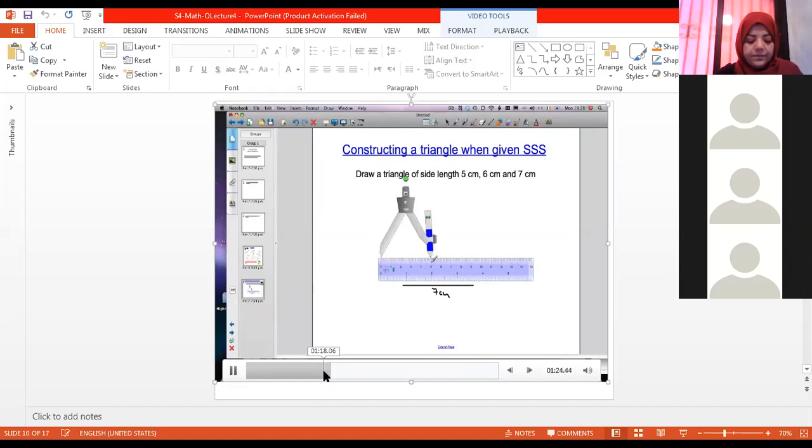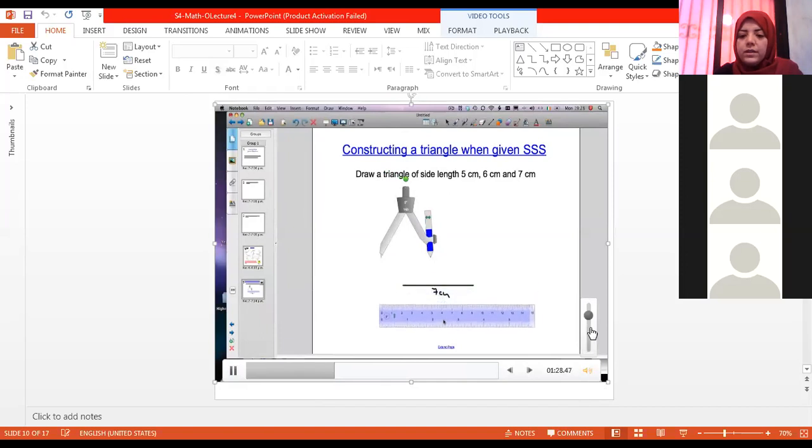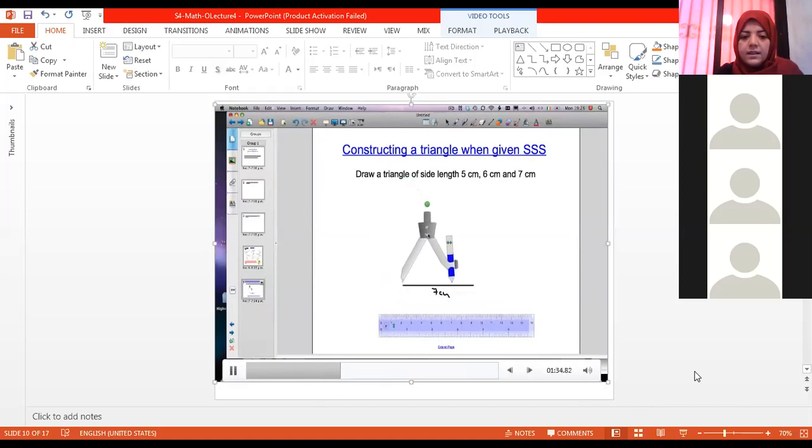Okay, and then what do we do? You put it on the vertex like this, and you draw a small arc.